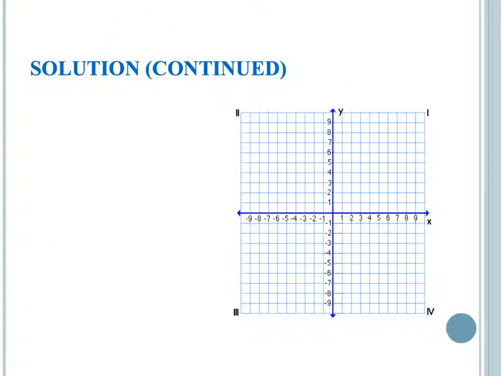Okay, now if I want to graph those, I'm going to go with f of x equals 2 to the x minus 1 minus 3, and g of x equals log base 2 of x plus 3 plus 1.